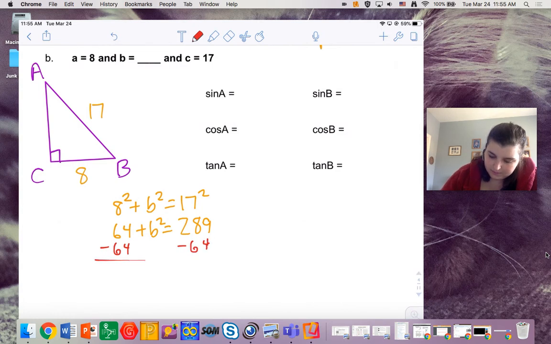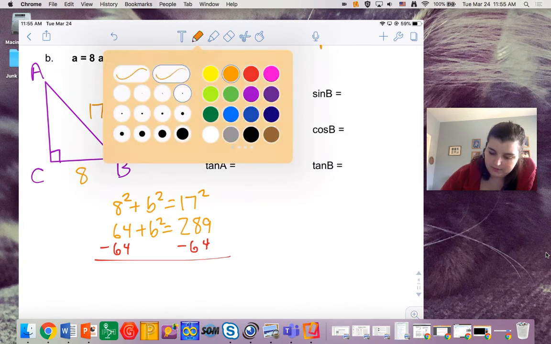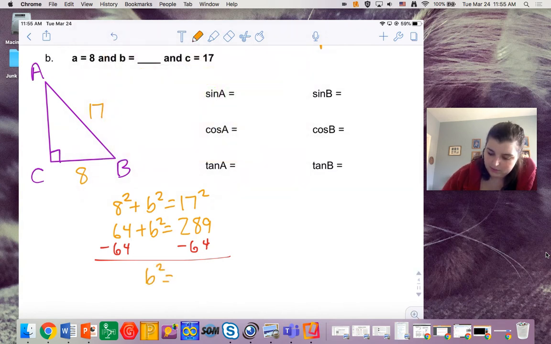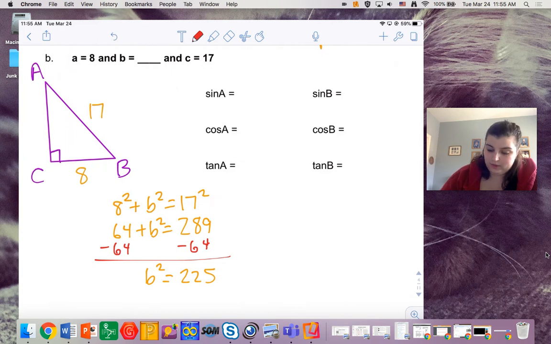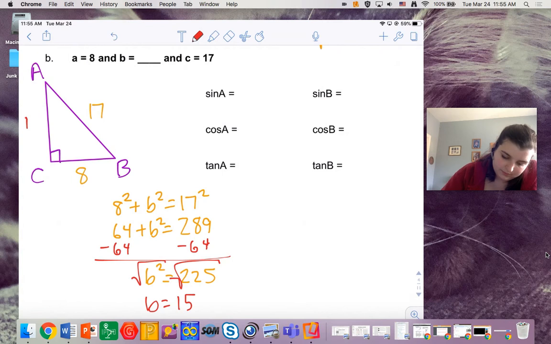Now I've got b squared equals 225. Ooh, I recognize that one. I'm going to square root both sides to find that b is equal to 15. Okay. Now I can put that side over here.